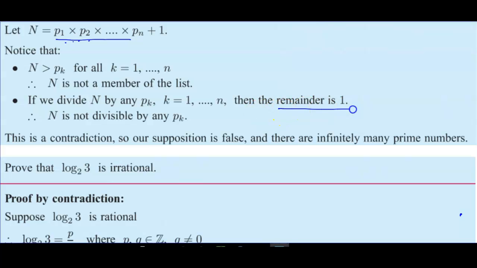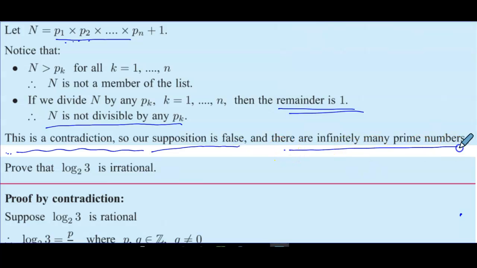So this is the statement that says nothing goes into it, therefore it's not divisible by any prime number, but we said there were no more prime numbers, and obviously this is the next prime number, so this is a contradiction. So our supposition is false, and therefore you state the opposite of your supposition. All right.